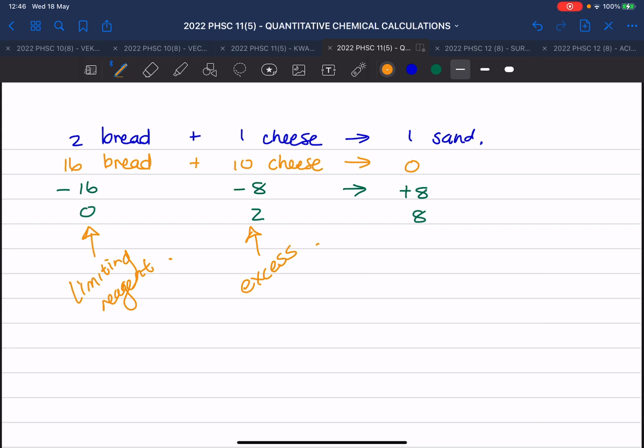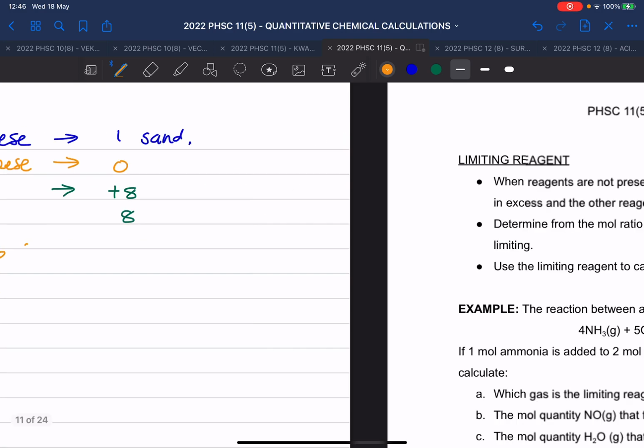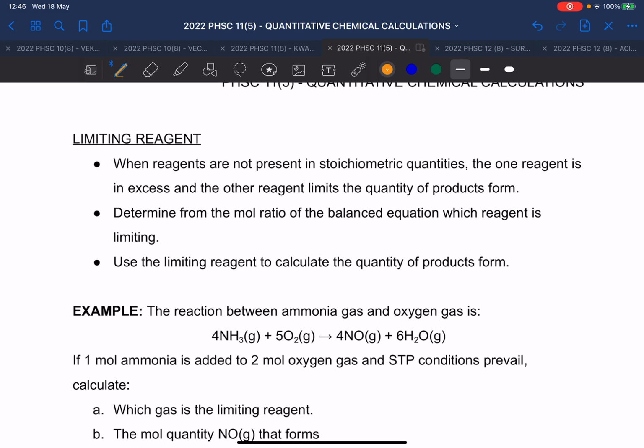So that is what we're going to look at now. It says there, when reagents are not present in stoichiometric quantities, we said stoichiometric means the perfect amount, we use everything, then one reagent is in excess and the other reagent limits the quantity of products that will form.